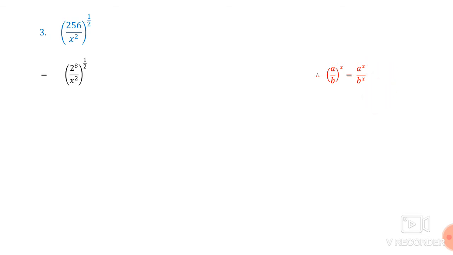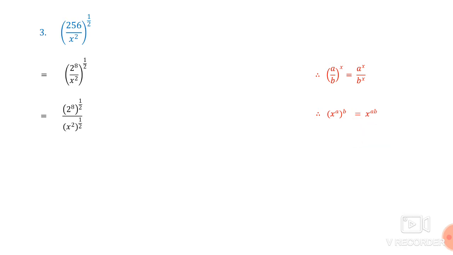So according to this law, we will have 2 exponent 8, whole exponent 1/2, over x square, whole exponent 1/2. Again the law of exponent is applied here, which says when we have an exponent over an exponent, we will simply multiply those exponents.